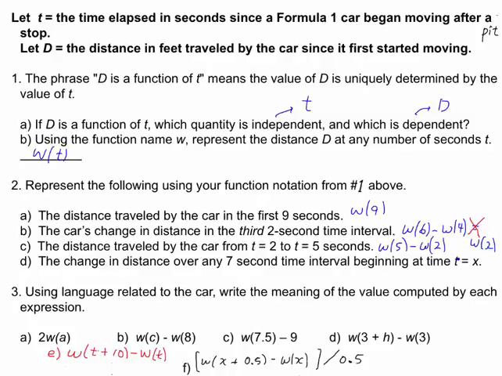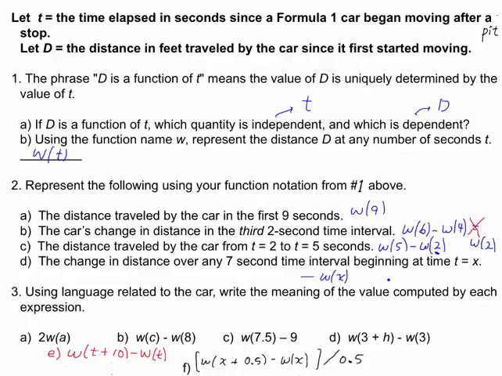Okay? The change in distance over any 7-second time interval beginning at time t equals x. Now this is harder. Looking at this, what was our beginning time in the previous one? Time 2, right? So then what's our beginning distance here? It's going to be minus W of x.